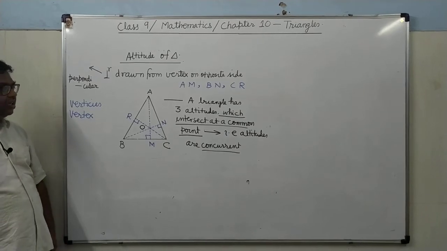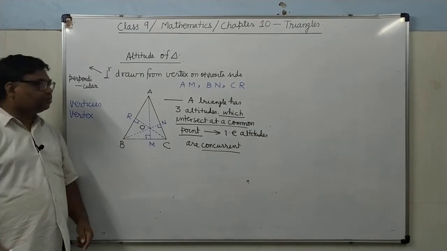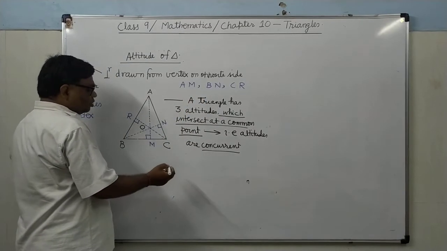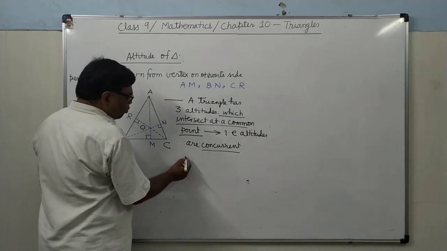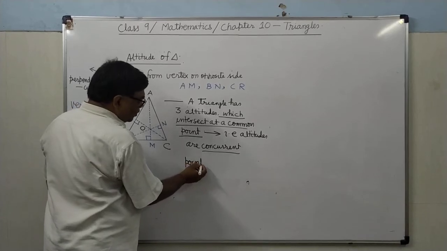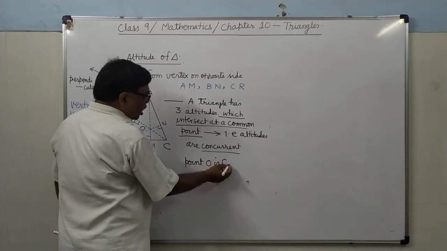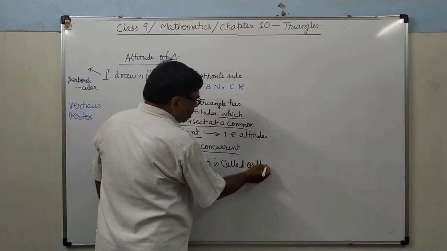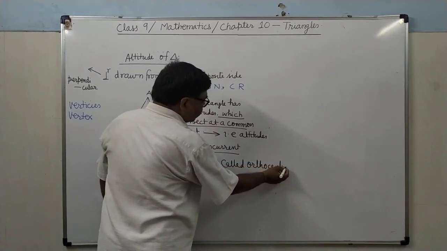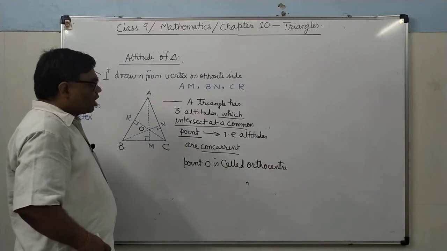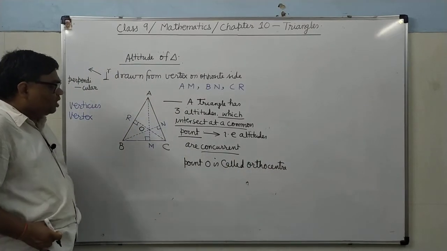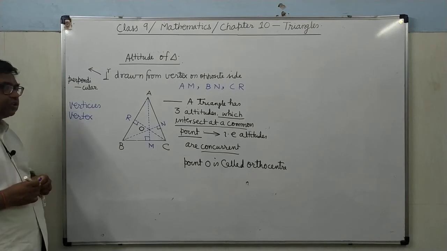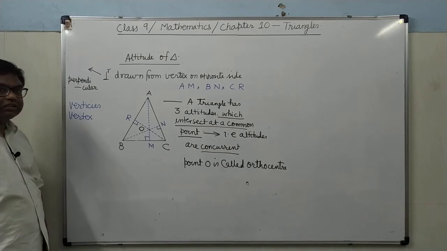What is the special name of point O? Point O is called the orthocenter. What is the orthocenter? It is that point at which the altitudes intersect. That point is known as the orthocenter.